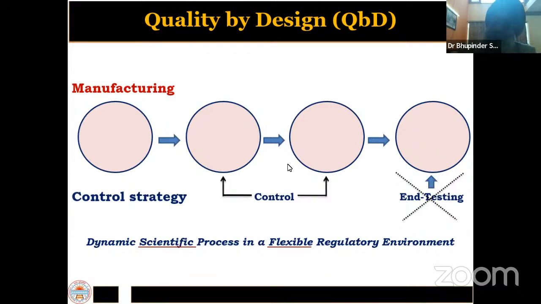The scientists were skeptical whether their bio study, which is very expensive, of the generic product would come out to be equivalent to that of the reference product or not, because this is the ultimate and very expensive test. While in case of QBD paradigms, you are not keeping your fingers crossed. You're having a full night of peaceful sleep, because it is you as a team member who have implemented QBD paradigms in a systematic, rational, scientific, and risk-based manner.